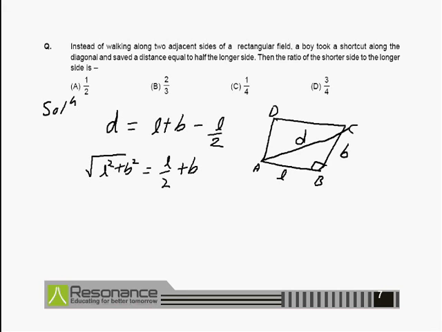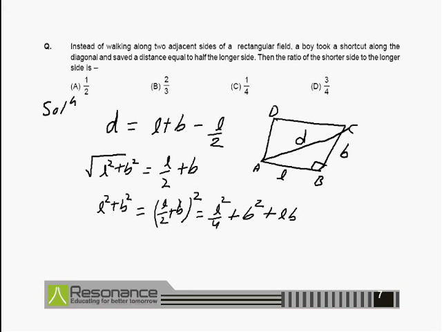Now squaring on both sides, we get L square plus B square is equal to L by 2 plus B, whole square, which is L square by 4 plus B square plus LB.